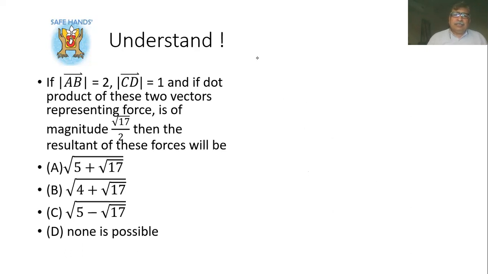What is given is AB vector is of magnitude 2, CD vector is of magnitude 1, and the dot product of these two vectors is representing force is of magnitude this much. So what is given is 2 into 1 into cos theta is equal to root 17 by 2.